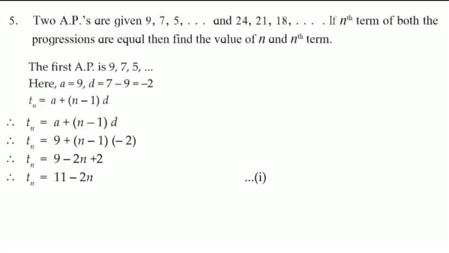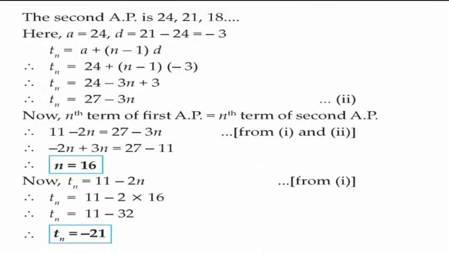Okay. Now let us take the second AP and find out the value of Tn in the similar manner. The second AP is 24, 21, 18 and so on. So here first term a is equal to 24. Difference d is equal to 21 minus 24, that is minus 3. So once again make use of the formula of Tn and find out Tn in terms of n.